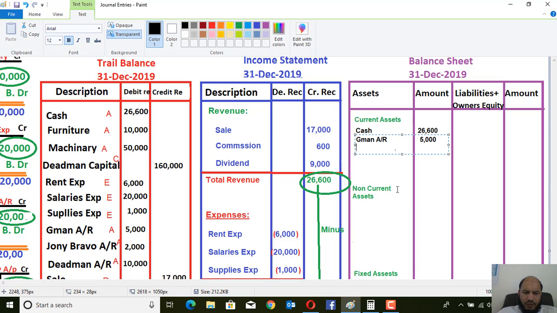Then we have Judy Bravo account receivable, 2,000 from her. And also we have receivable from Deedman, account receivable. It is equal to how much? 10,000. So 10,000 is the Deedman account receivable.